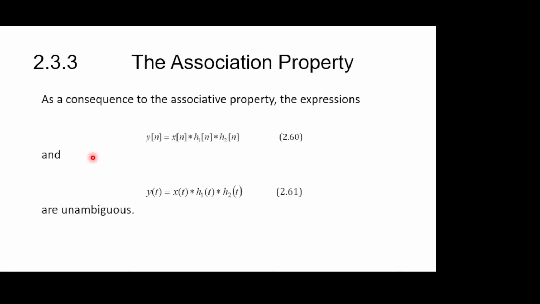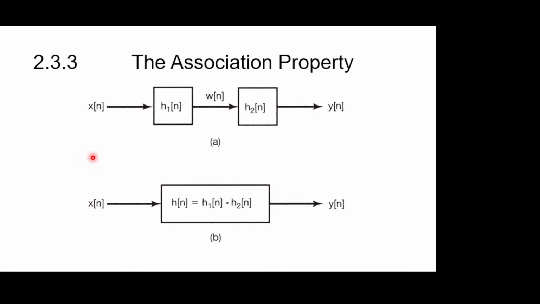Similarly, in our block notation, if we have a serial interconnection of systems, the first with h1 and the second with h2, that's the same as a system with h1 convolved with h2. So now convolution has more meaning. We can even convolve two systems. I guess this is where people get confused.